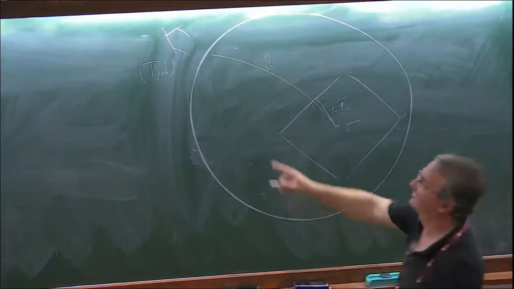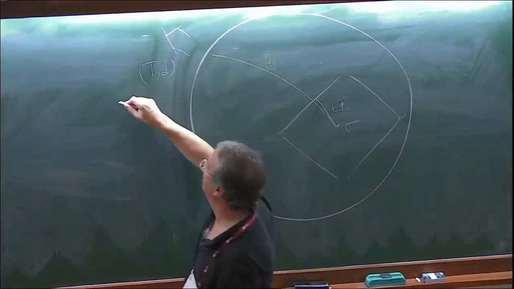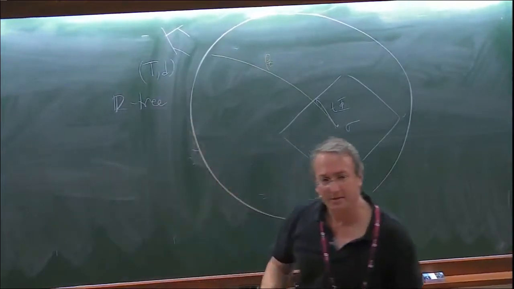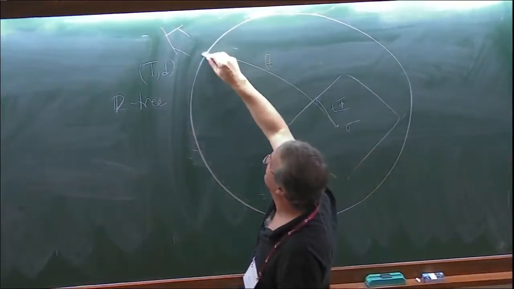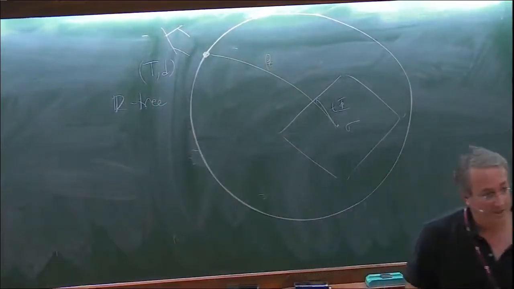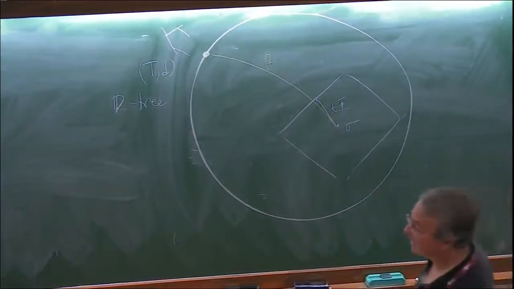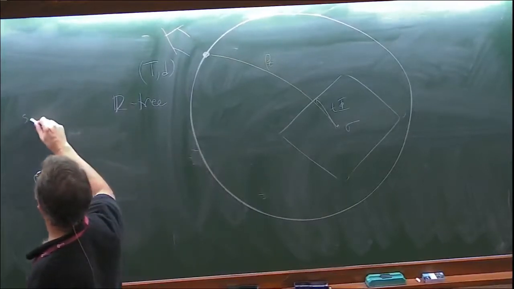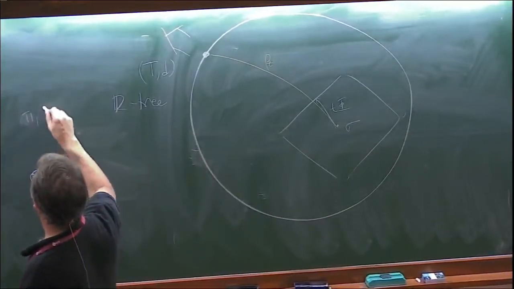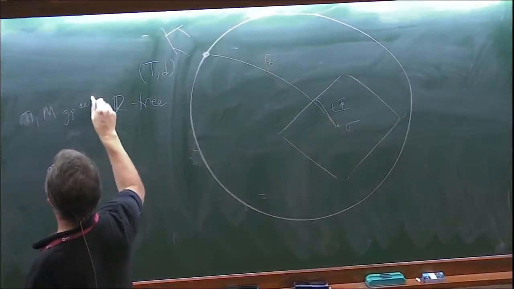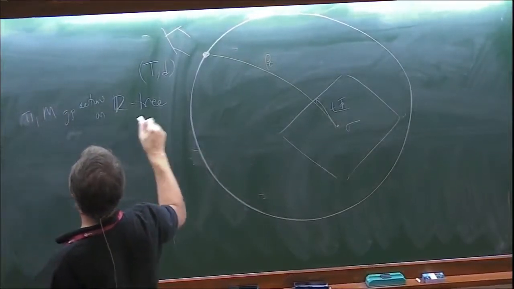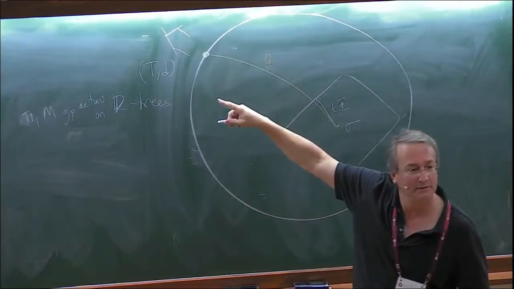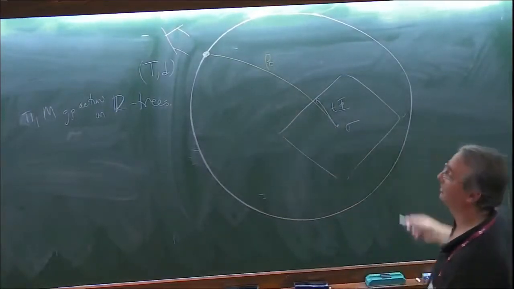This is very much a cartoon. This really is what's called an R tree. And so the boundary points of Teichmuller space can be imagined as R trees, as pi 1 of m group actions on R trees at infinity. Okay? That's what has emerged here.